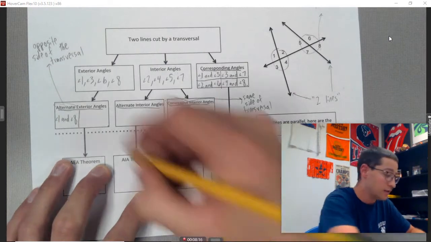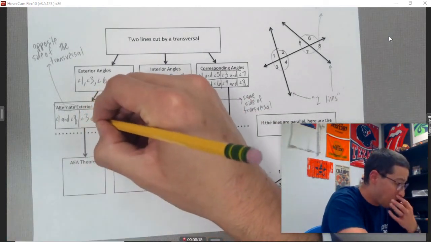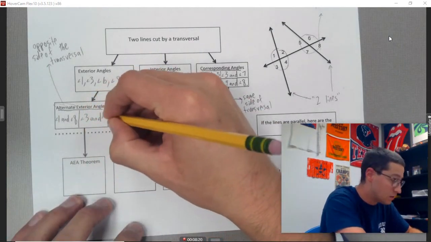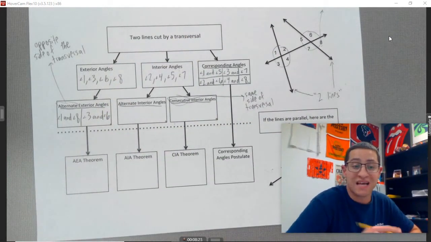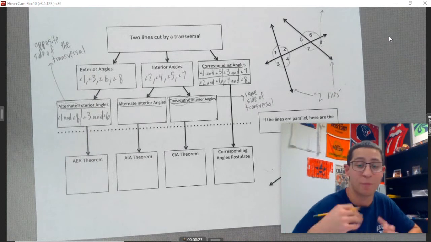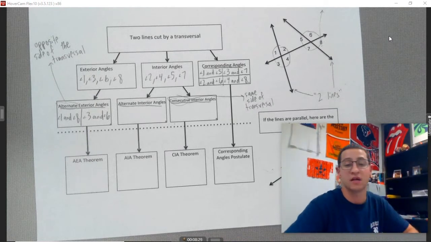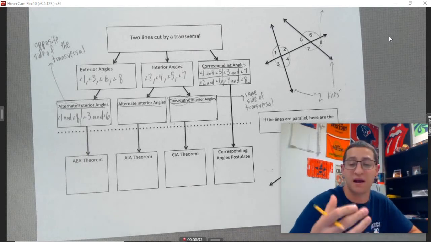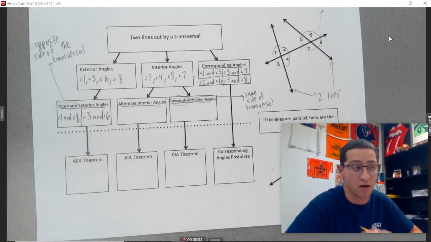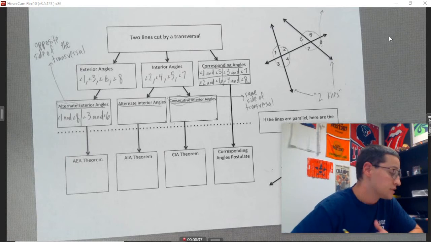And then the other one is 3 and 6. So those are my 2 alternate exterior angle pairs. These are pairs, they come as a team. You can't have just one angle that's an alternate exterior angle. You have to have a matching pair.